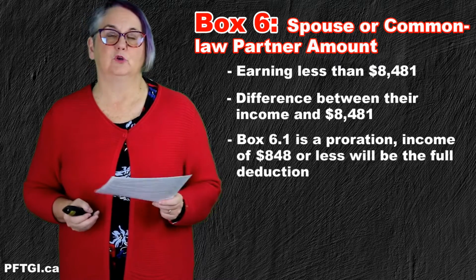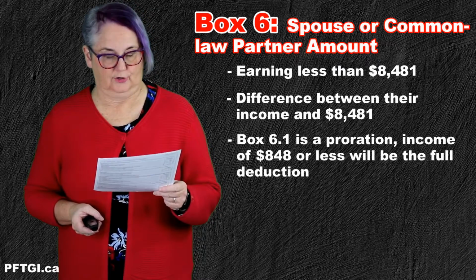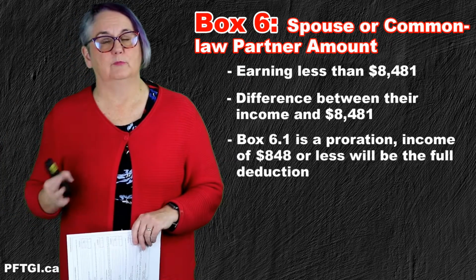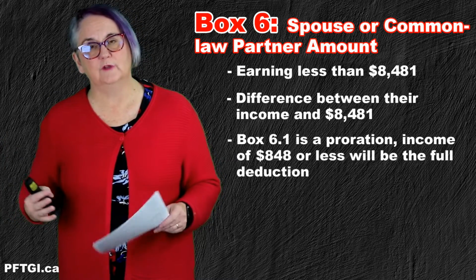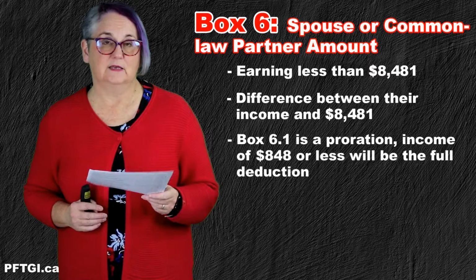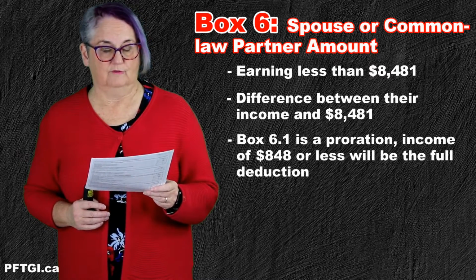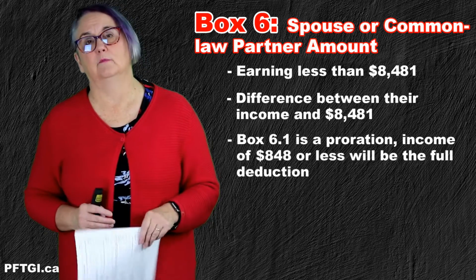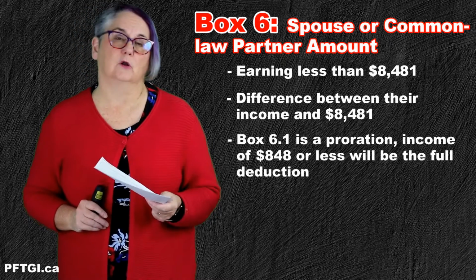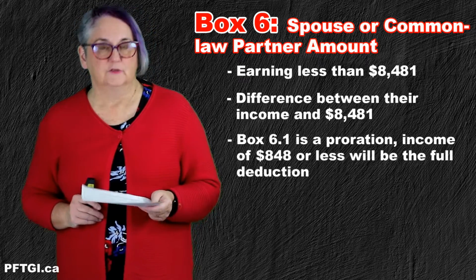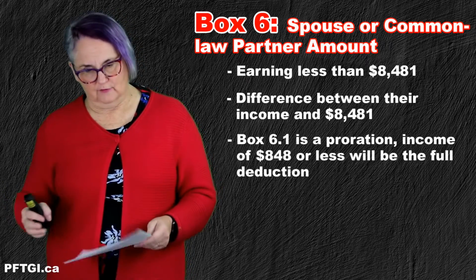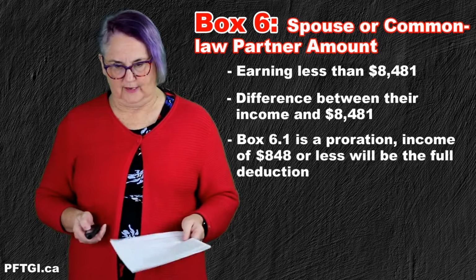Box 6, your spouse or your common law partner. If you are supporting a person to whom you're married or you have common law status with, then the deduction is $8,481, provided that spouse lives with you and their income is $848 or less. So if your spouse has income, then there's a proration for that.